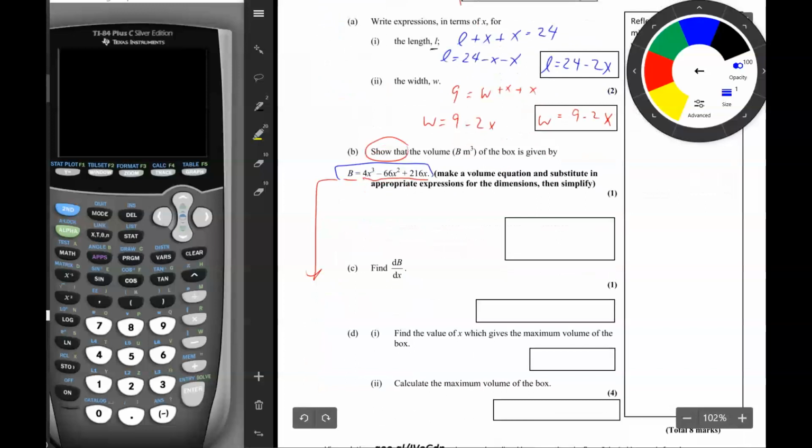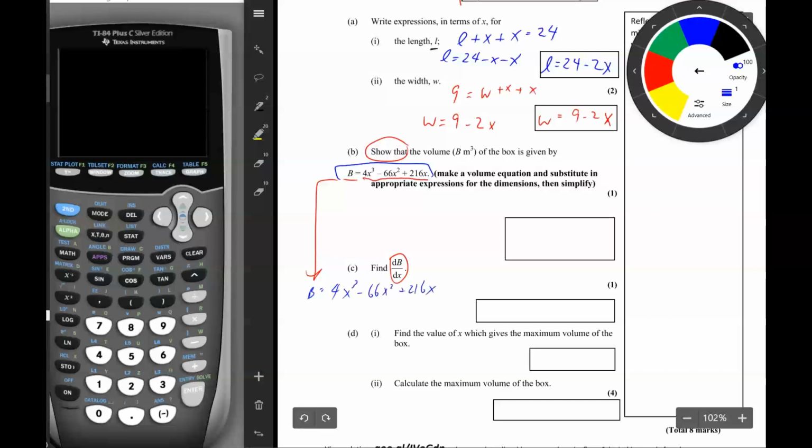So the next step says, find the derivative, because remember, dy dx is the derivative of y, dB dx is the derivative of b. So if I want to find the derivative of this blue equation here, I'm going to write it in blue. So b is equal to 4x cubed minus 66x squared plus 216x.